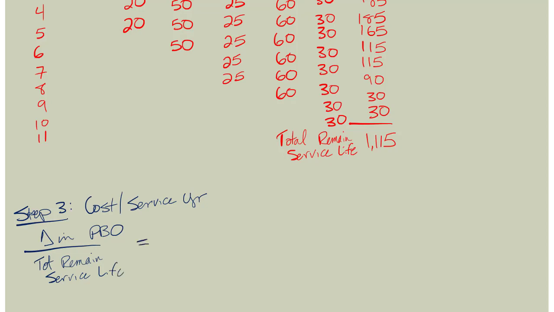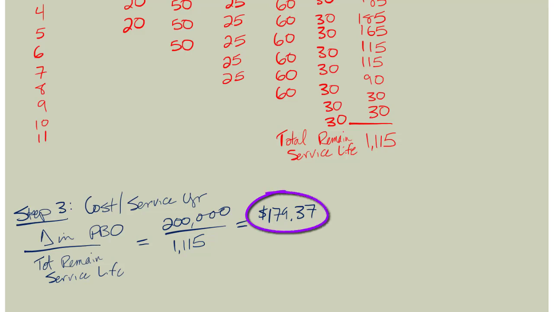So in this case, the change in the obligation was an increase of 200,000. Remaining service life, that's this number. And I'm just going to round this to 2 decimal places. You can go out further, but I'm going to recommend 2, just so we're all on the same page. And that's step 3, is to get to this number right here.